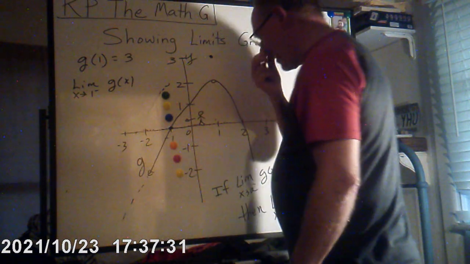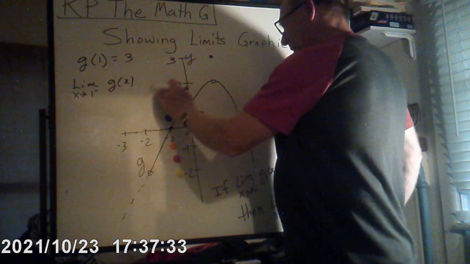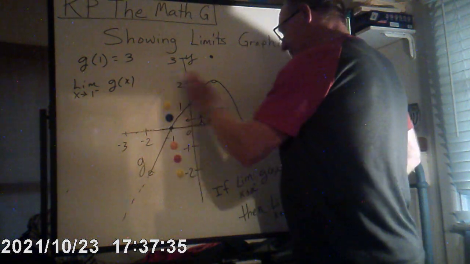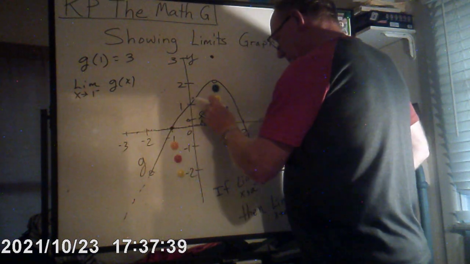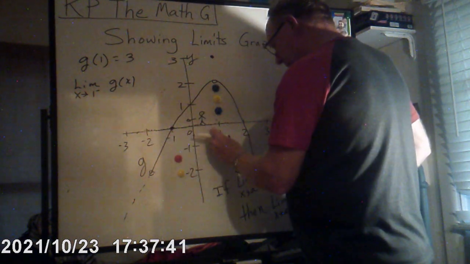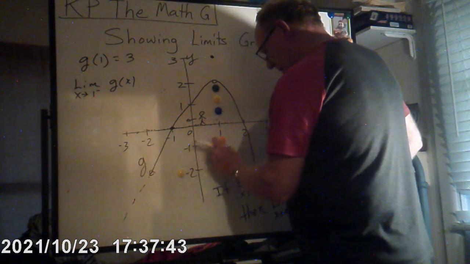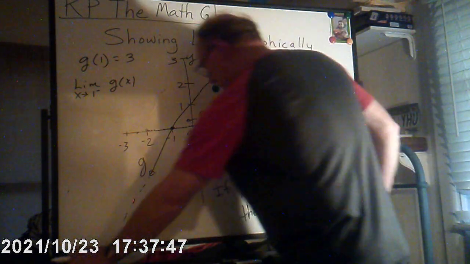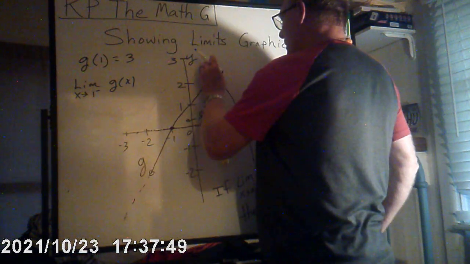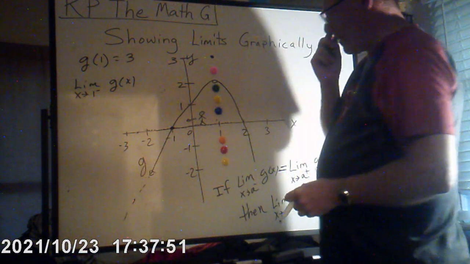That's still a function of g. Let's move this over here, since we're looking at 1, like this. And maybe let's put 1 or 2 more right here. There we go.